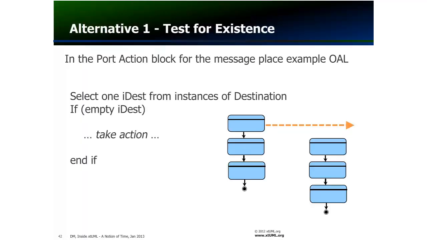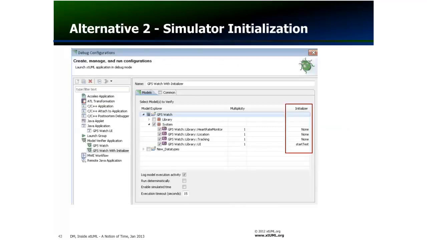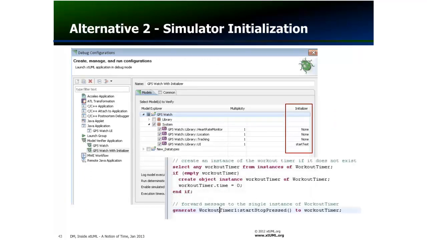For the first option, this would lead to each destination port containing a snippet of action language that selects the destination instance and then takes appropriate action if the selection returns an empty result. The second option uses a similar snippet of code, but in this case it is placed in the action block launched by the simulator at the start of dynamic execution. This block is identified in the debug configuration associated with the simulation.